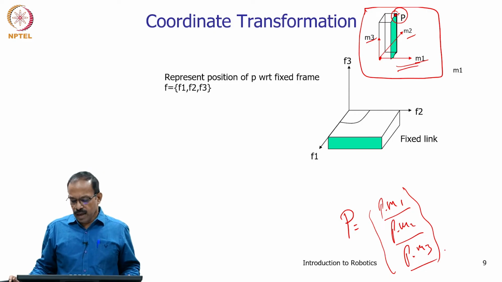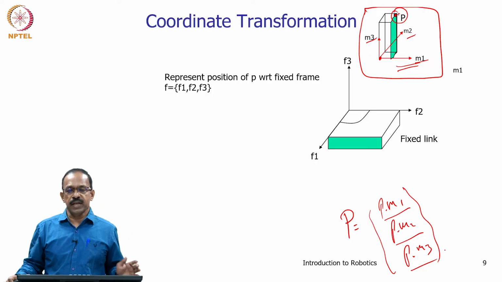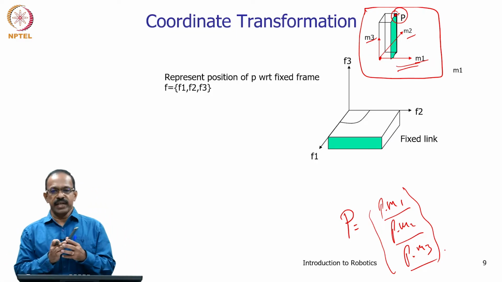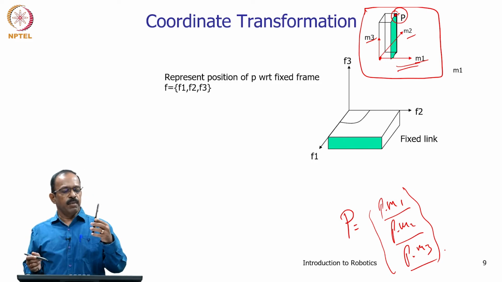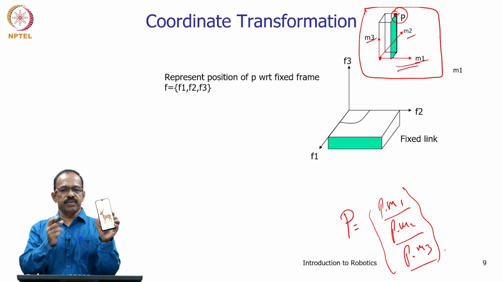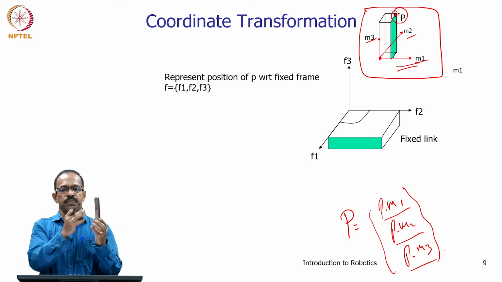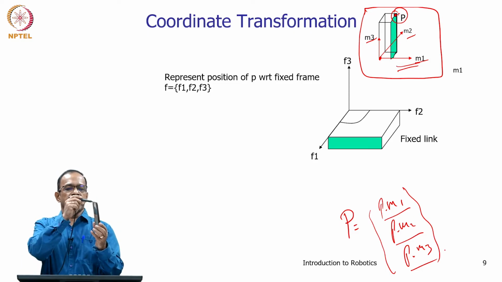Now, I assume that this object is rotating by 90 degrees or 180 degrees. I have this object and this point is p. I am assuming that it rotates by 180 degrees. So, it moved like this, and the point is p now here.